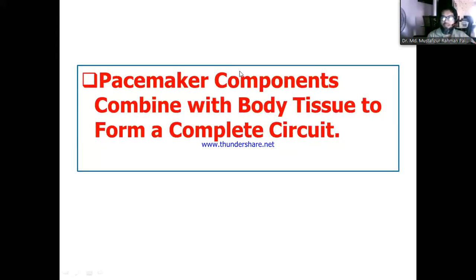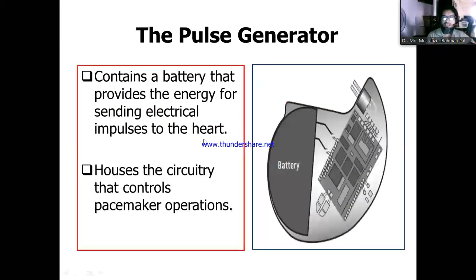The pacemaker components combine with body tissue to form a complete circuit to do its action. Inside the pulse generator is a battery, from which energy comes and sends the impulse to the heart, and the circuitry which controls the pacemaker operation.